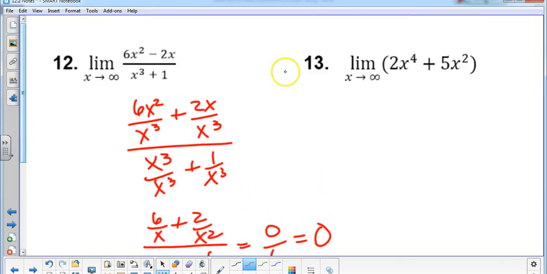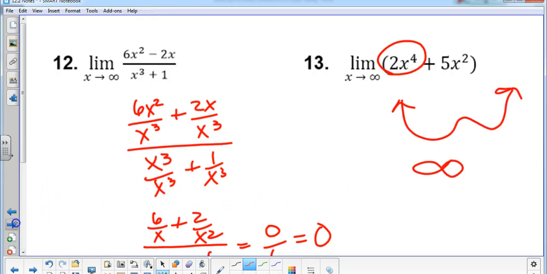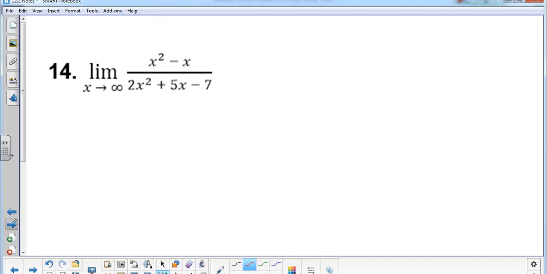All right. What about this guy? Both ends up, so we're going to say infinity. One half, Miguel said. What do you think?